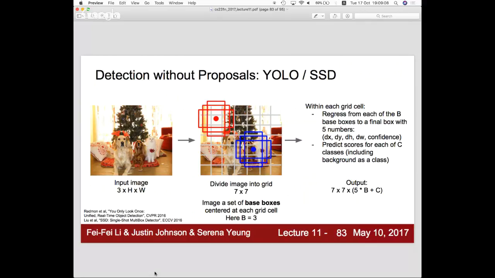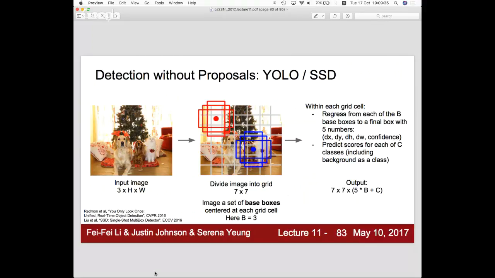And then in each grid cell we create some base boxes centered at that cell. Here B equals 3, so you have a tall box, a wide box, and a square box. Later we will repair these boxes to fit the object.